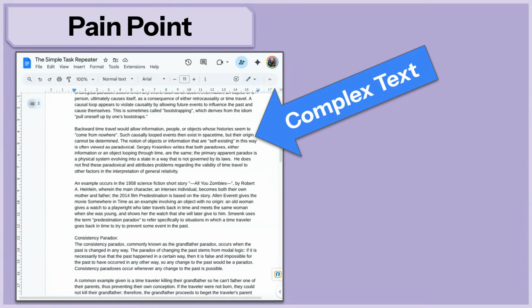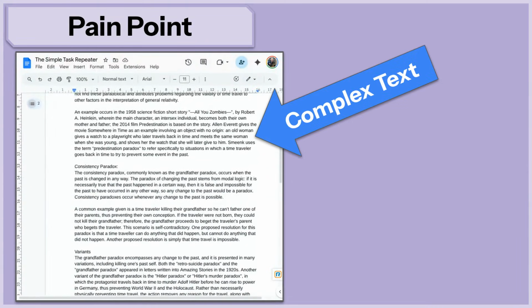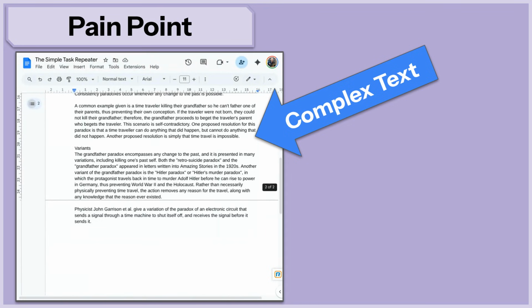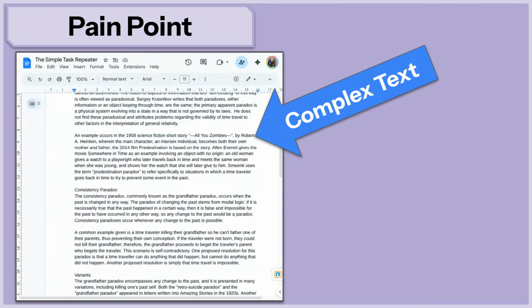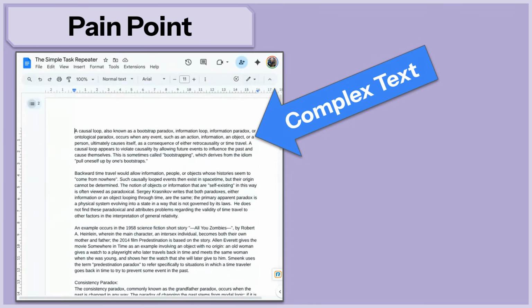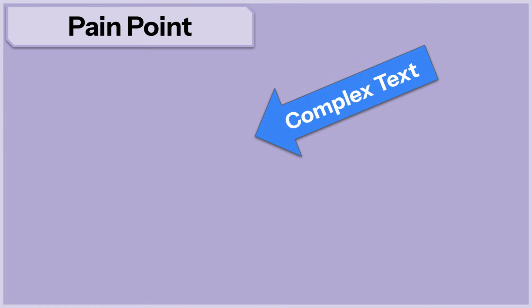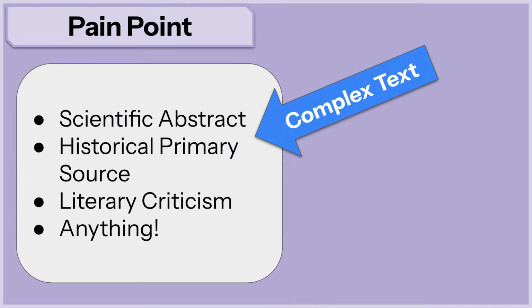To show you how this works, I've pulled some text from Wikipedia about temporal paradoxes. It's fascinating, complex material, but in its raw form, it's just way too dense for some of my learners to access. Now, this text could be a scientific abstract, a historical primary source, or a complex piece of literary criticism, whatever fits your subject.